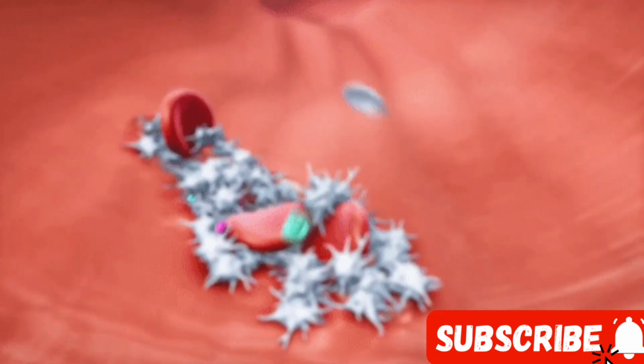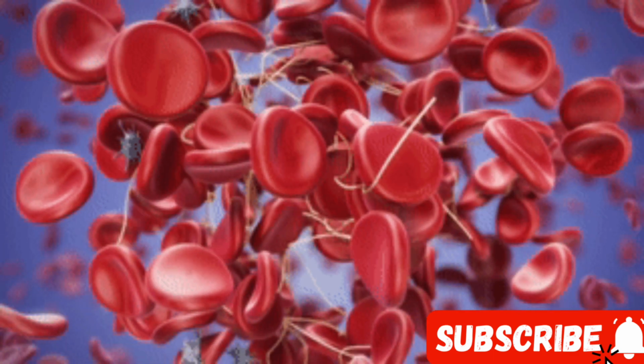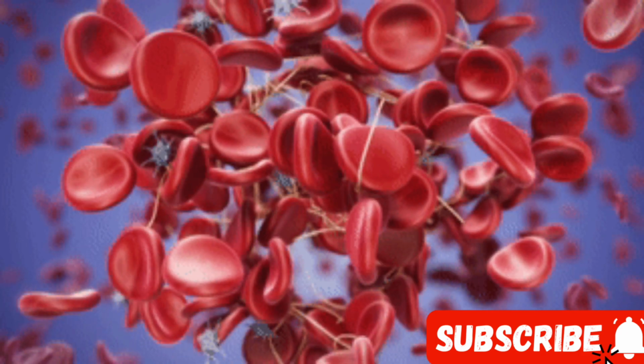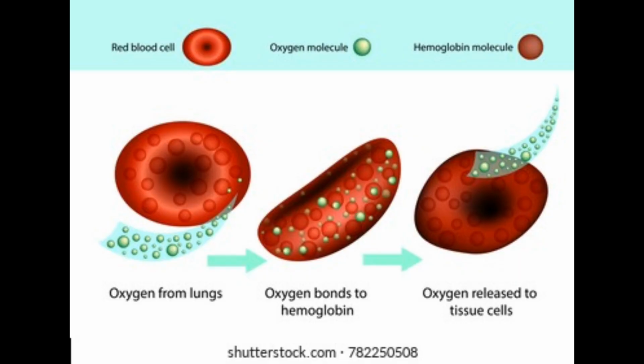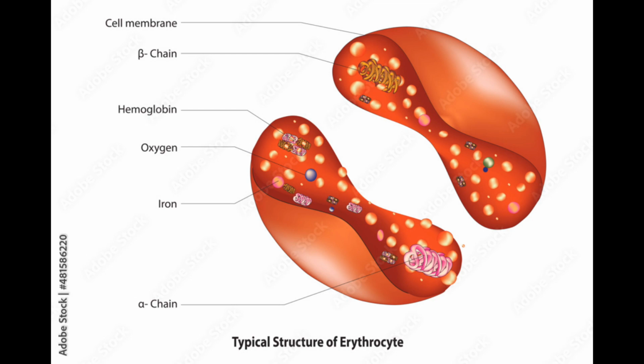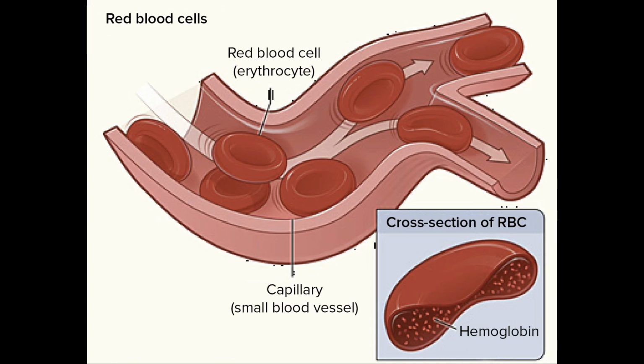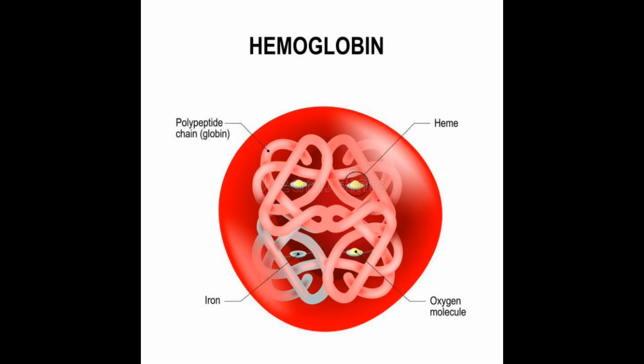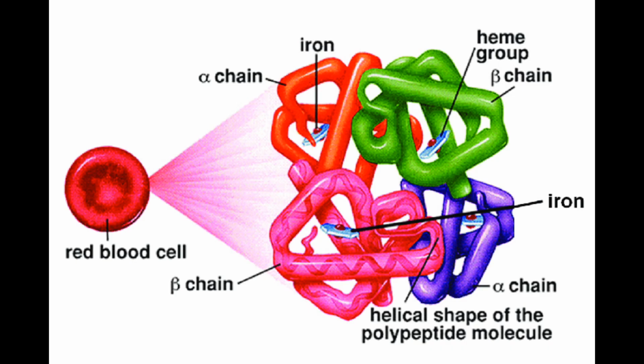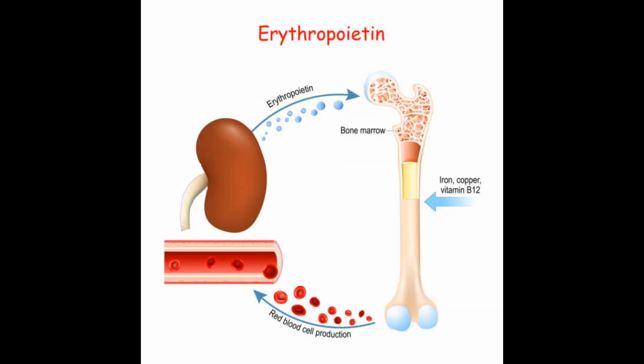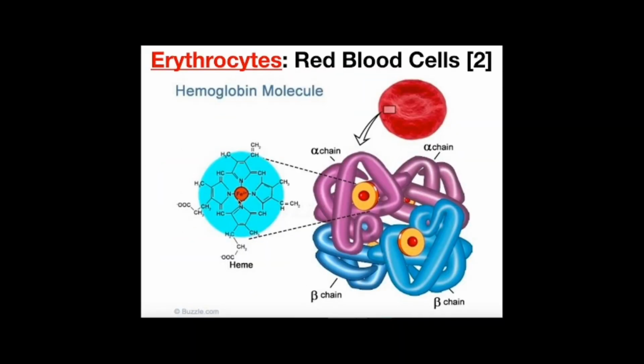The specific gravity of red blood cell is 1.092 to 1.101. Suspension stability is another property of red blood cell. What is suspension stability? During circulation, the red blood cells remain suspended and dispersed uniformly in the blood. This property of red blood cell is called suspension stability.